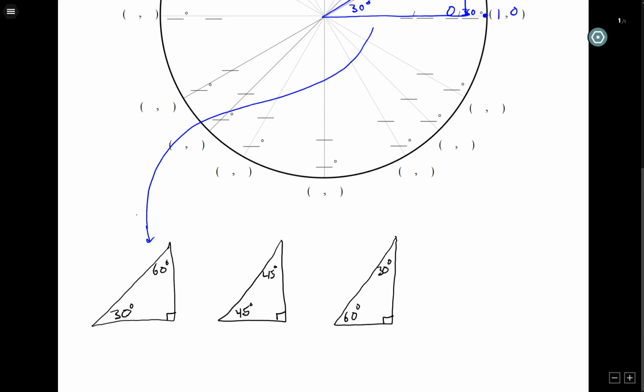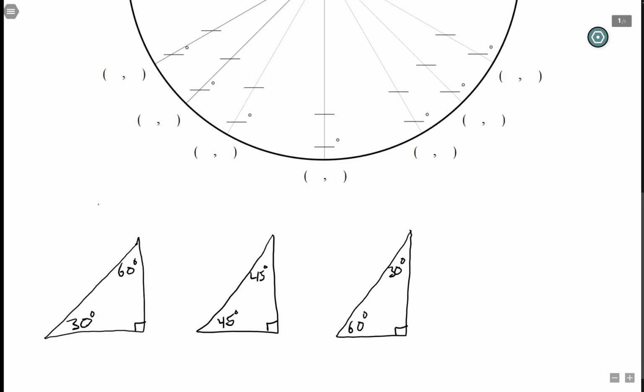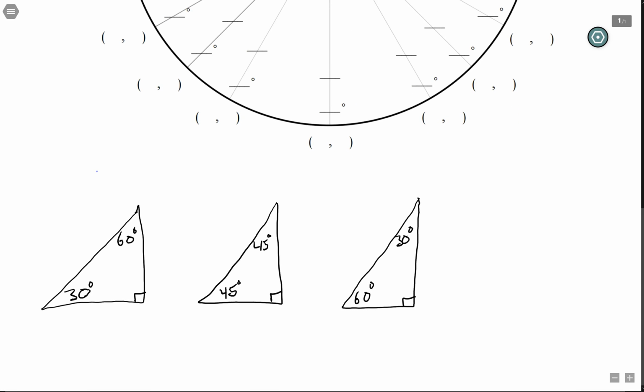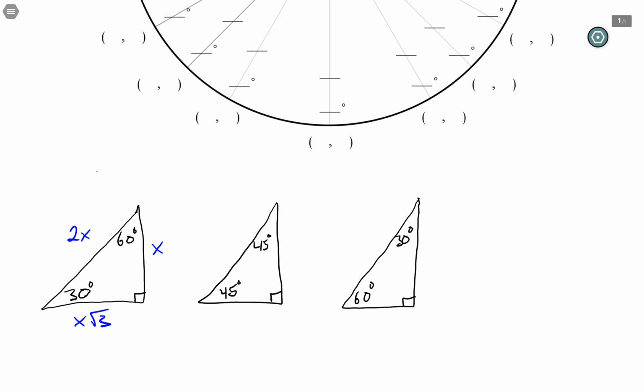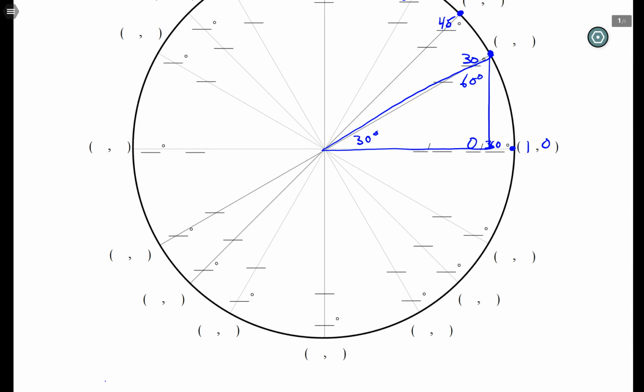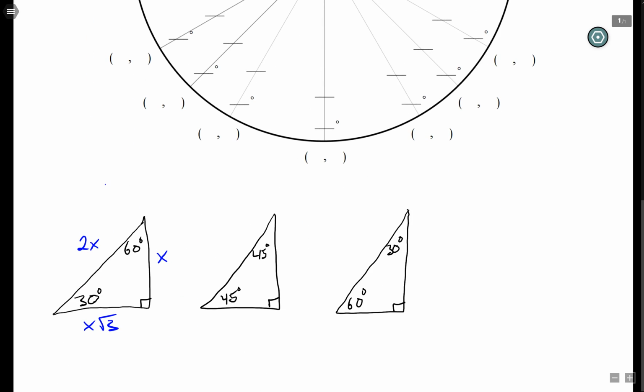So let's think about what the ratios are here. Now, we know that ratio-wise, this side is x, this side is 2x, this side is x root 3, and you should just have that memorized. Even if you don't, we know that we can use trig to find this. We can even use our calculator. Anyway, the point is, in the unit circle, which side do I already know? Remember, the unit circle has a radius of 1. So I know that this side needs to be 1.